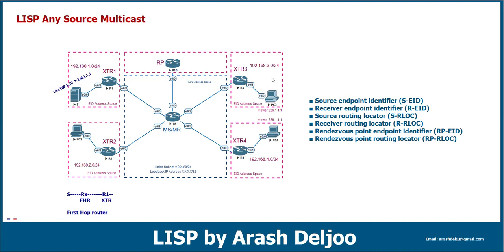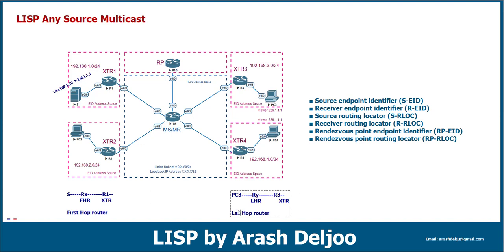And also here we have PC3 directly connected to XTR3. Let me talk about that. In this scenario PC3 is directly connected to router 3 as the XTR, but it's possible that router 3 is connected to another router, for example router Y, and this router is the LHR, or last hop router.